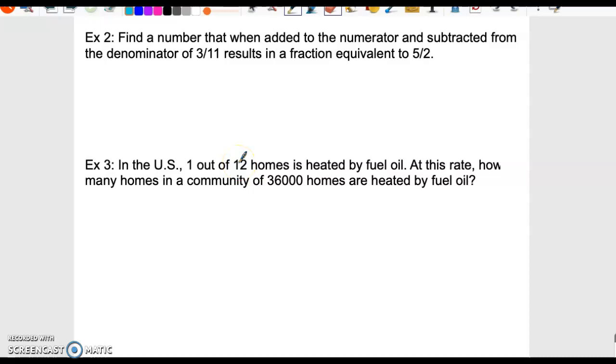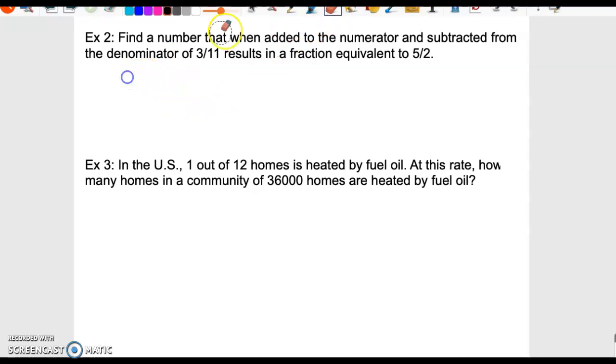As you look at exercise 2, I'm not a big fan of the way the book phrases this, but I copied it verbatim on page 452 if you're following along in your book. So if you find a number that when added to the numerator, so X plus in the numerator, I'm going to try and do this the same way the book does it.